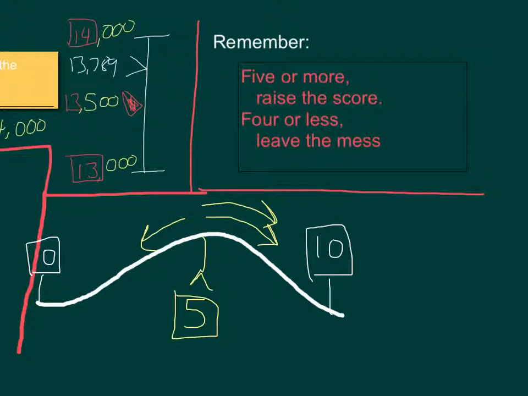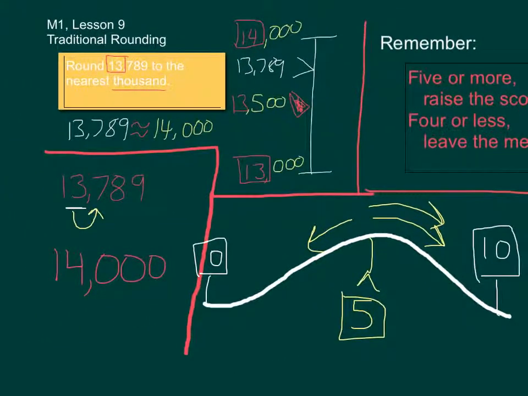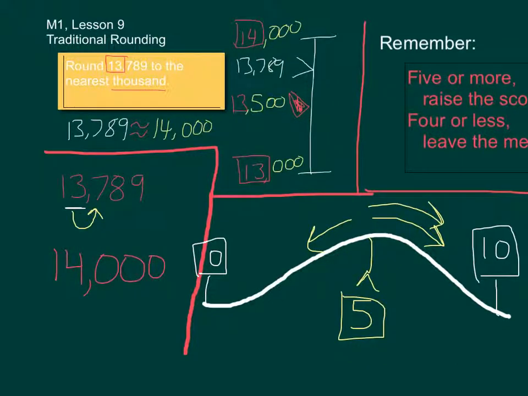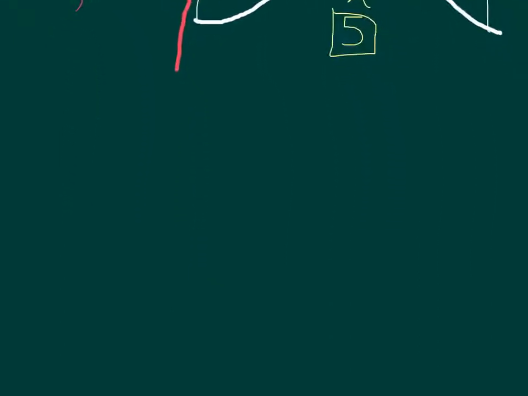Let's try rounding the same number to a different place. So this time, instead of rounding to the nearest 1,000, let's round it to the nearest 10,000. Let's just make a whole new space.